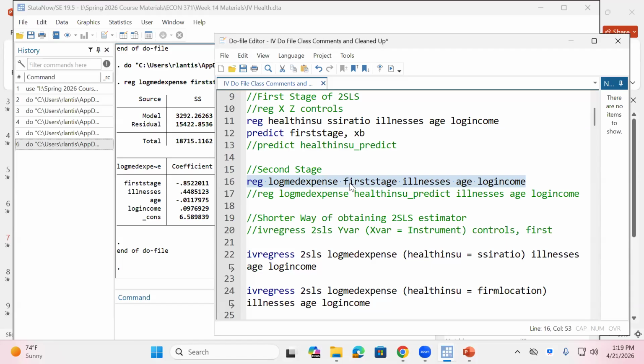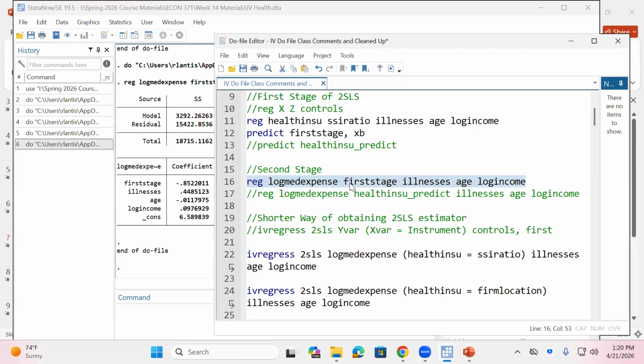We said a good indicator that the covariance between health insurance and this social security income ratio was not equal to zero was the statistical significance of the coefficient associated with our instrument, which we were looking at before. And then the second step was, okay, from this regression, we're going to come up with the predicted values of X. Right?